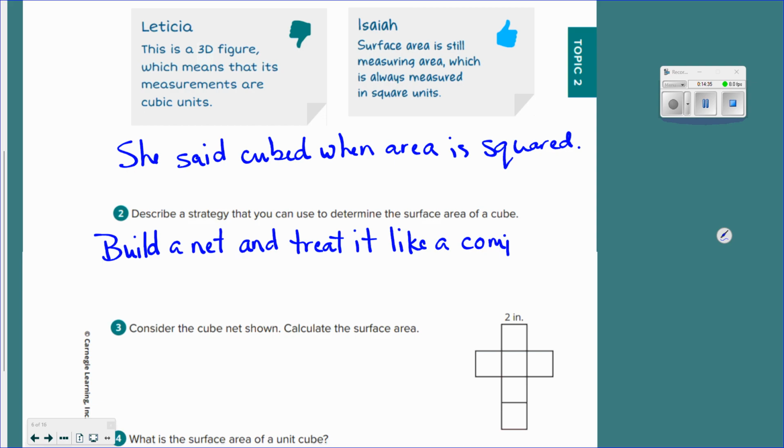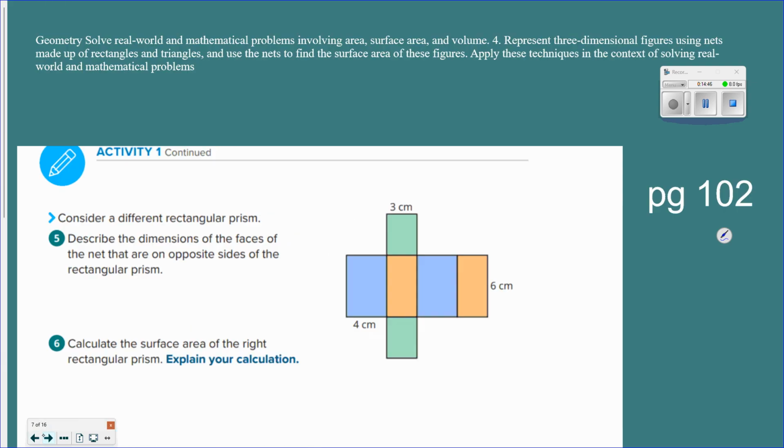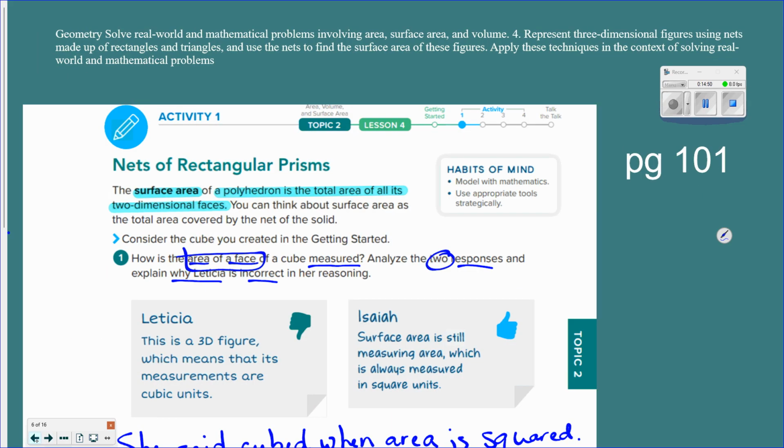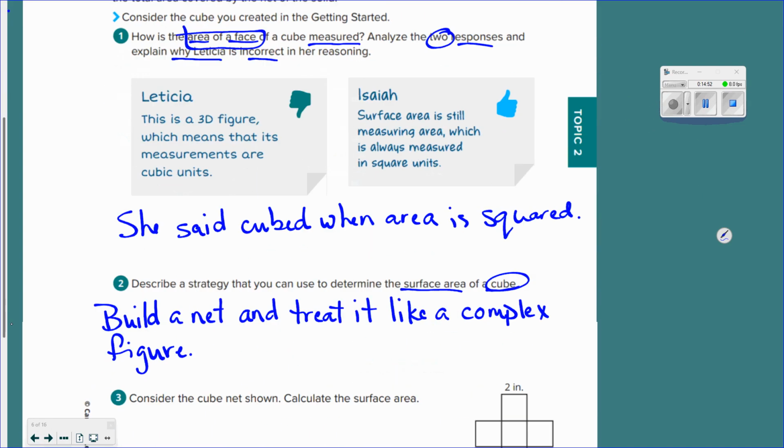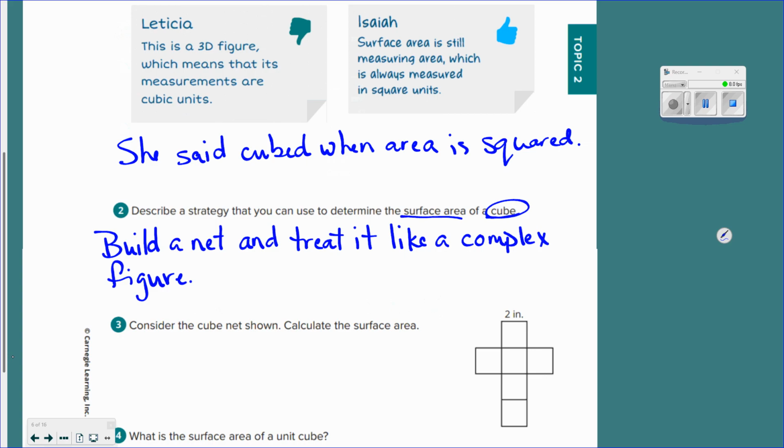However, because we are specifically talking about surface area of a cube, what do we know about a cube? It is made of squares, yeah? So what do I know about the length and width of a square? They're all the same.